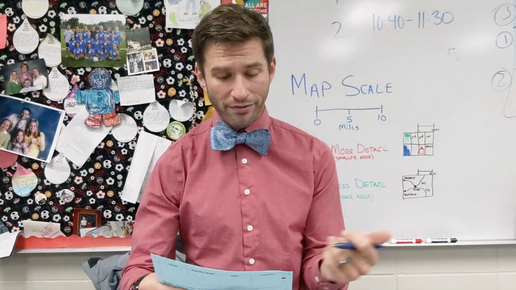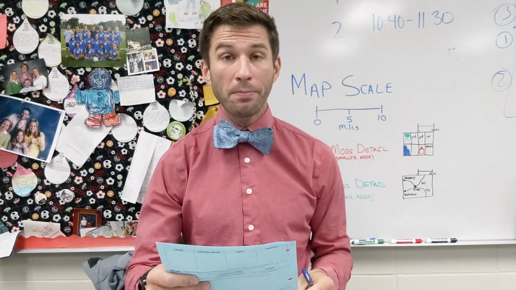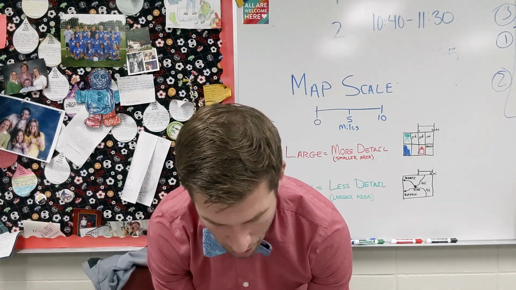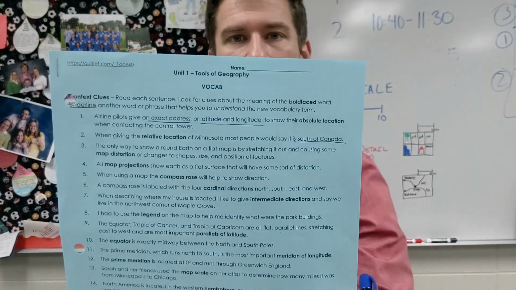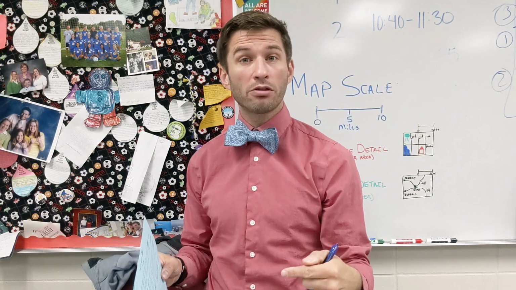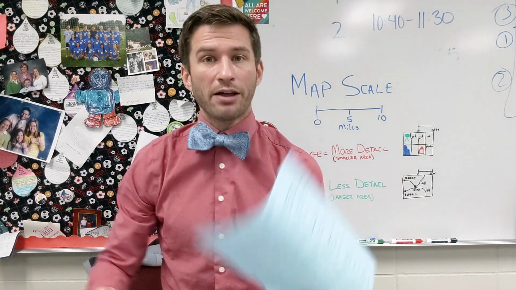The second one we have on here is when giving the relative location of Minnesota, most people would say it's south of Canada. And there again, we have another context clue. South of Canada. So that's what you're going to do on the front page, 1 through 15.